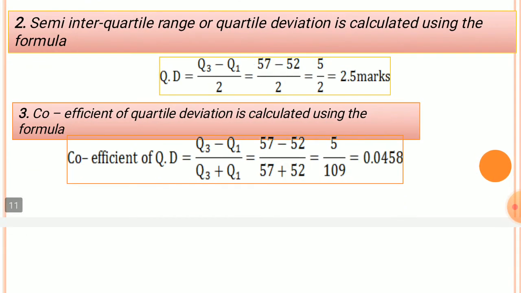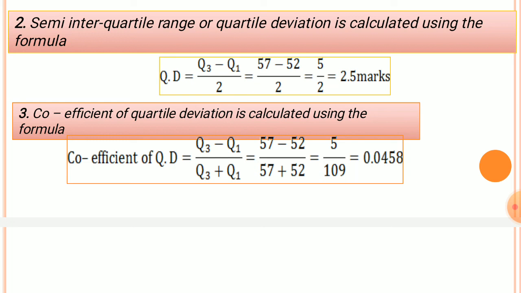And then coefficient of quartile deviation can also be calculated using the formula: coefficient of QD is equal to (q3 minus q1) by (q3 plus q1) is equal to 57 minus 52 by 57 plus 52 is equal to 5 by 109 is equal to 0.0458.